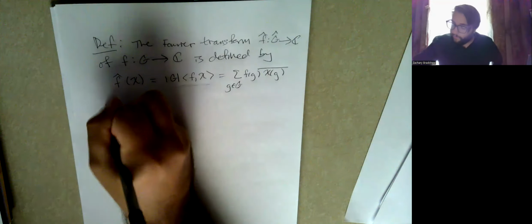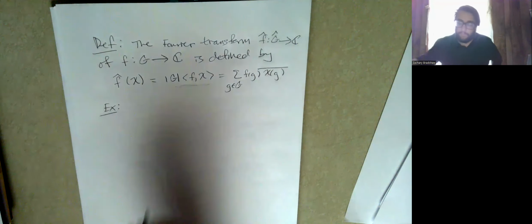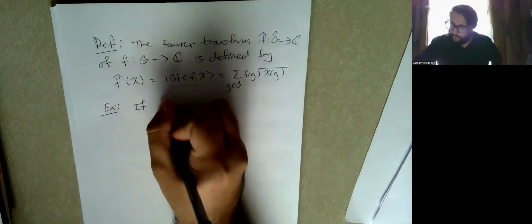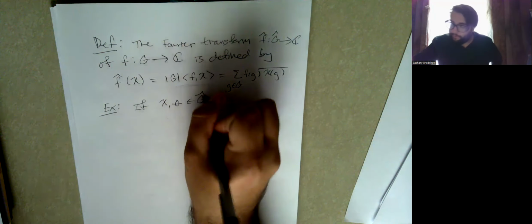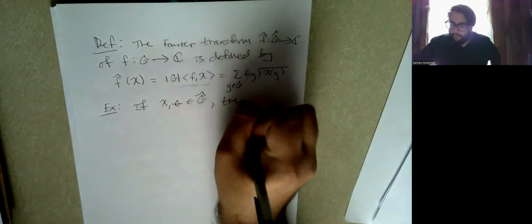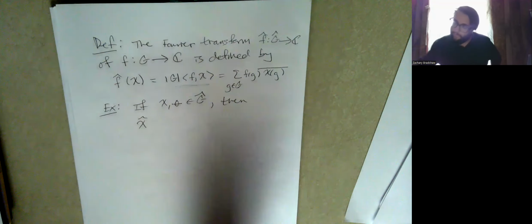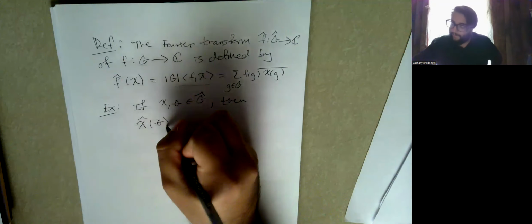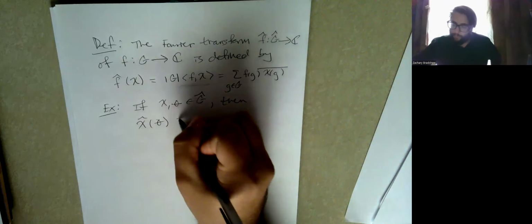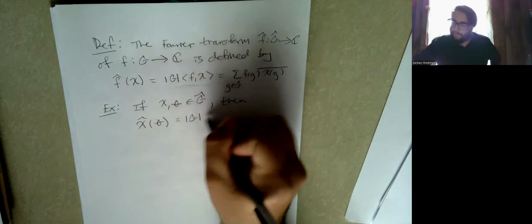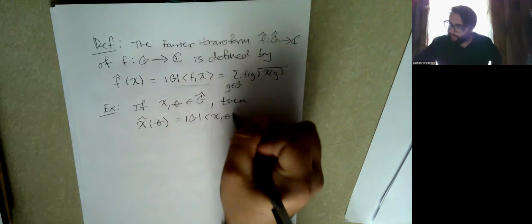Okay, so example, if chi and theta are in the dual group, then the Fourier transform of chi applied to theta is equal to the order of G times the inner product of chi with theta.